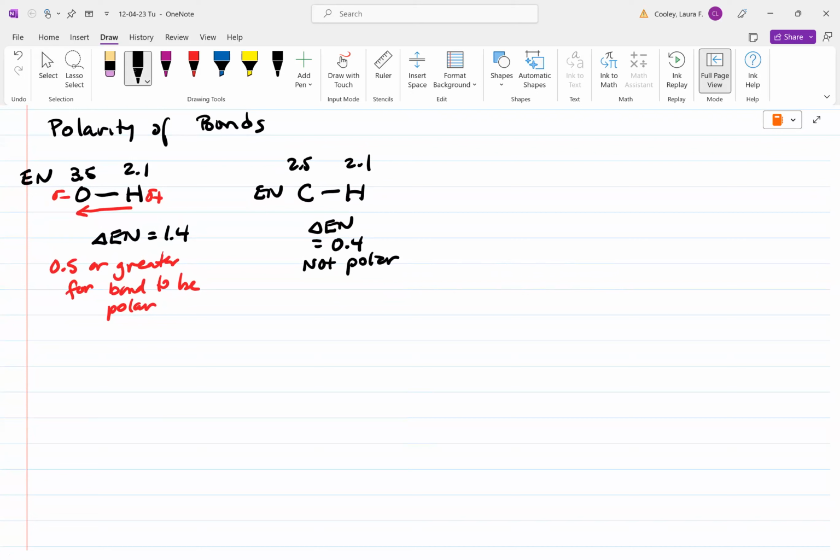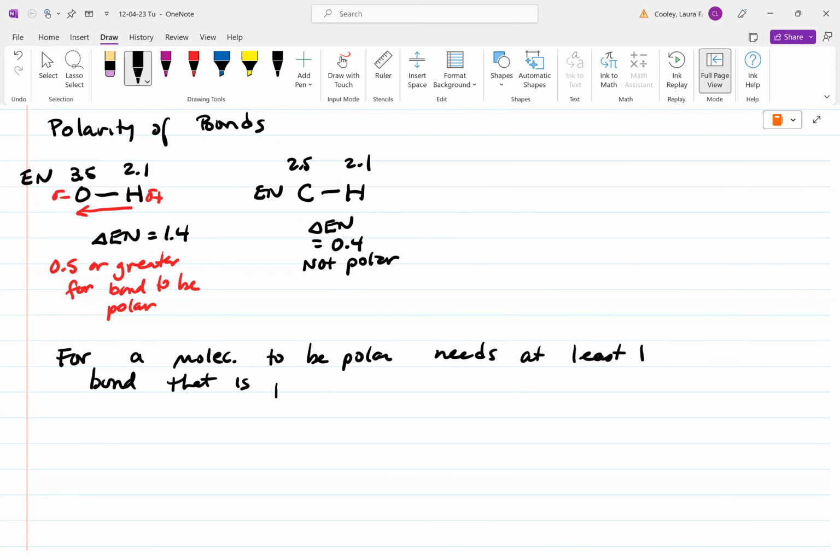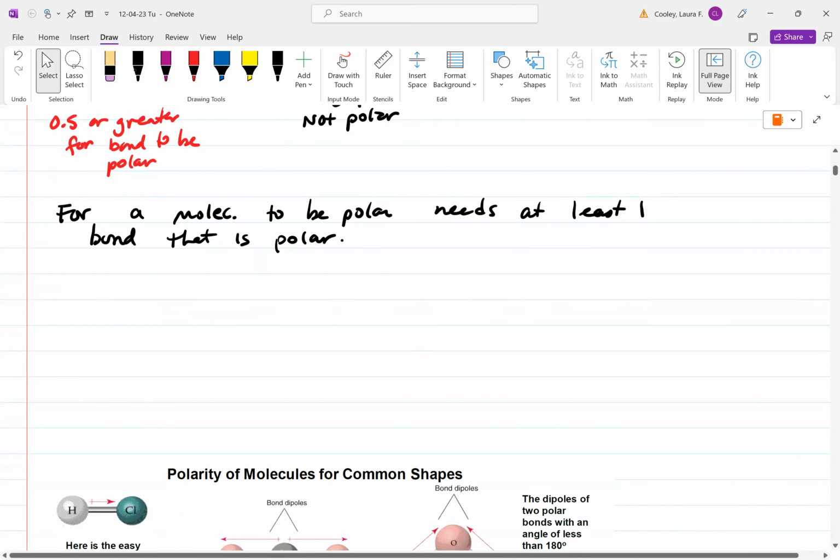So anyway, for a molecule to be polar, it must have one or more polar bonds, at least one bond that is polar. I think I did this example last time.